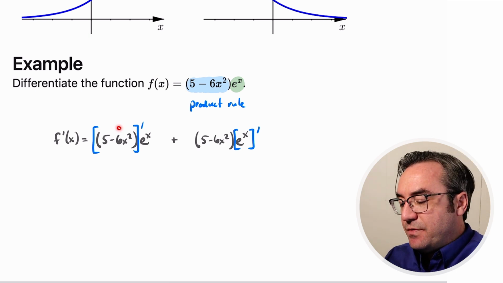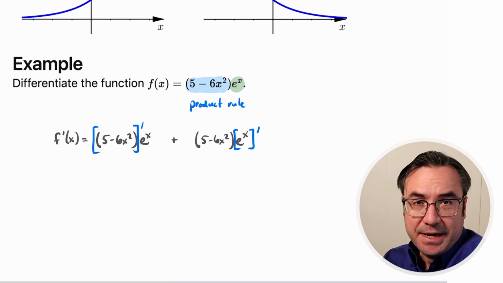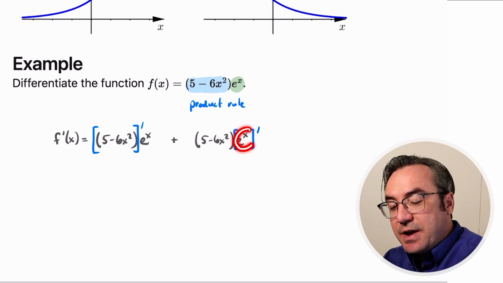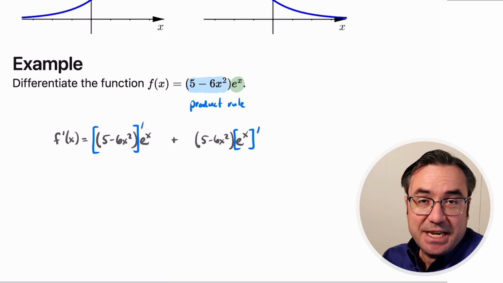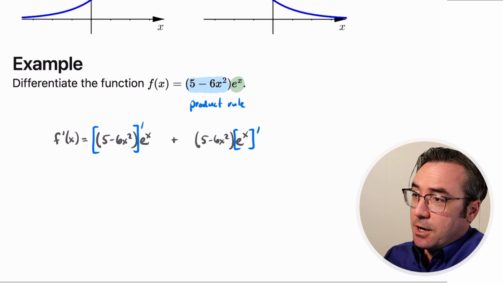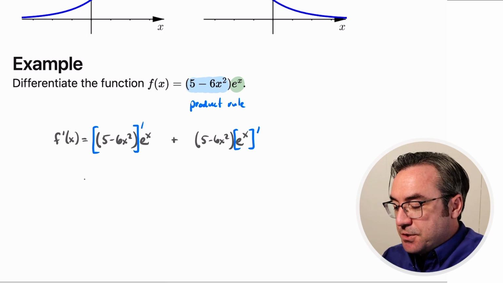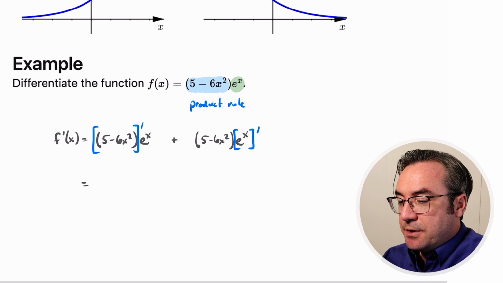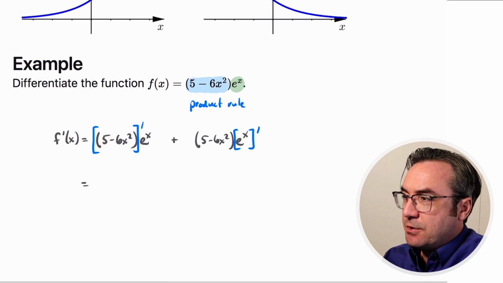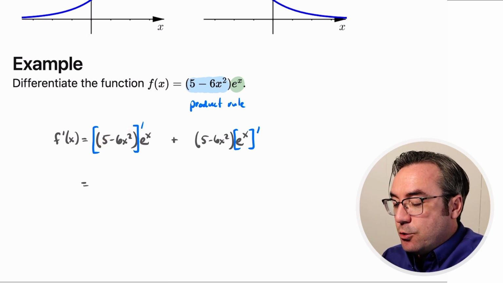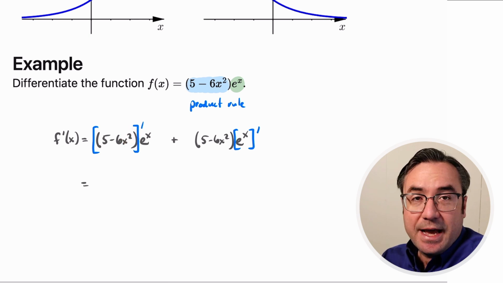Now we've got to differentiate just the 5 minus 6x squared, and then just the e to the x. For the 5 minus 6x squared, the derivative of 5 is just 0, so that's gone. We can do our regular power rule on the x squared term.